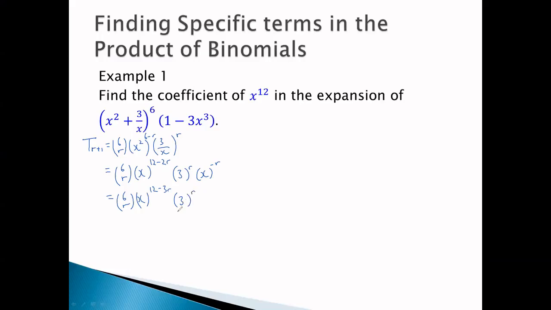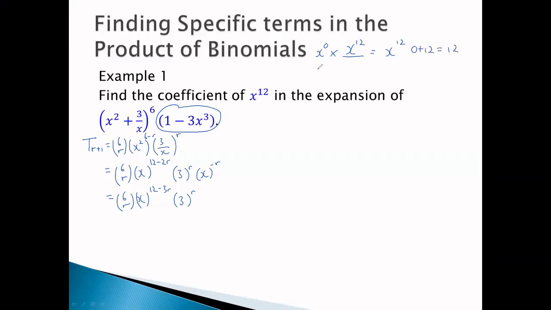Okay, now I have a 1 minus 3x cubed here. If I want an x to the power 12, with a constant 1, meaning x to the power 0, what must I times to get an x to the power 12 term? If you know your indices well, you should know you need an x to the power 12, because 0 plus 12 equals 12 by laws of indices.